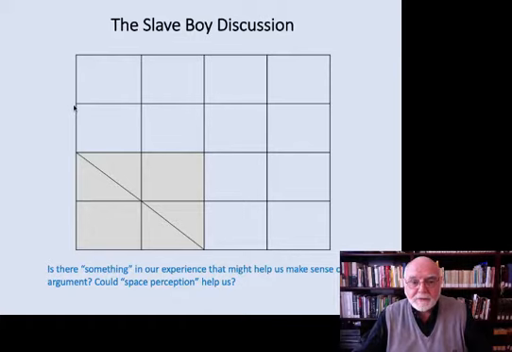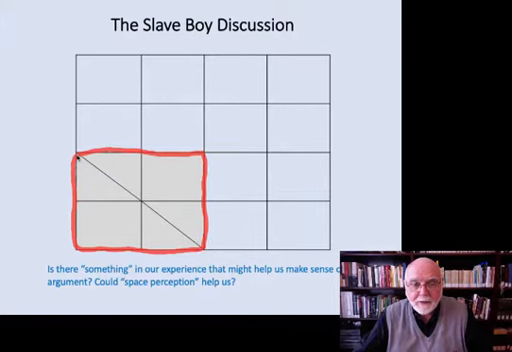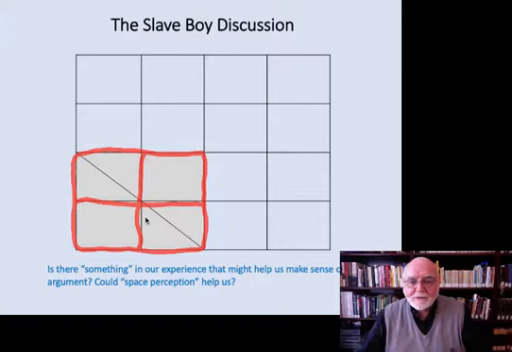First, Socrates says to the young slave boy, here is a square, and he draws the square. He then cuts the square in half, horizontally and vertically, and points out to the boy something he needs to observe.